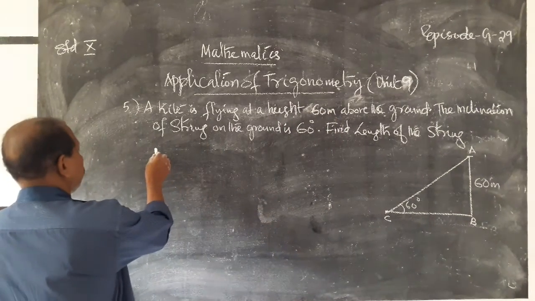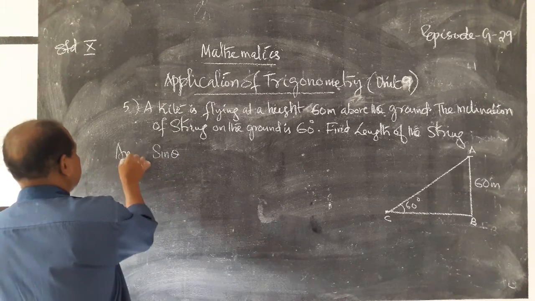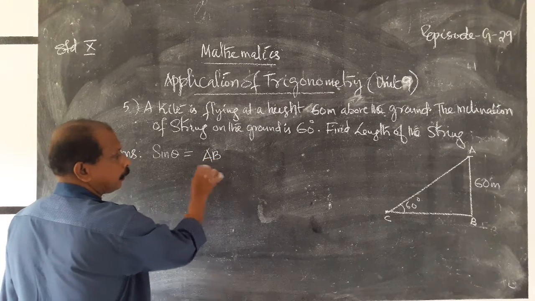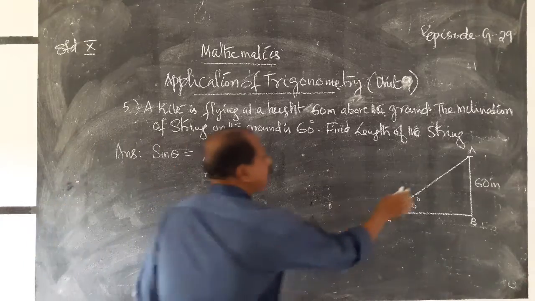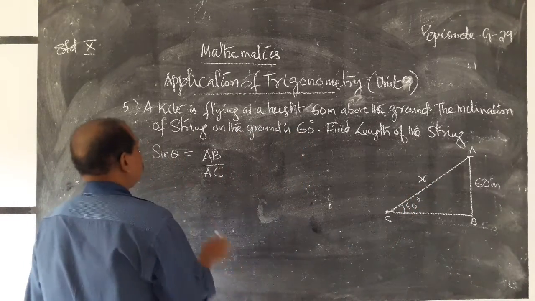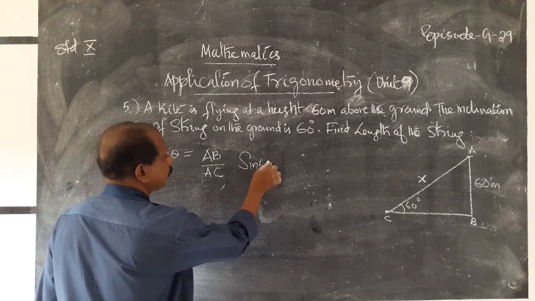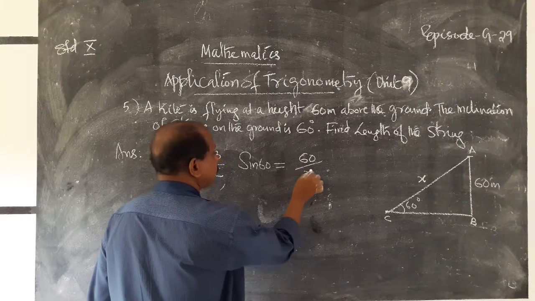Therefore, sine theta is equal to opposite side by hypotenuse. The hypotenuse is x. What is sine theta? Sine 60 is equal to AB, 60 by x.